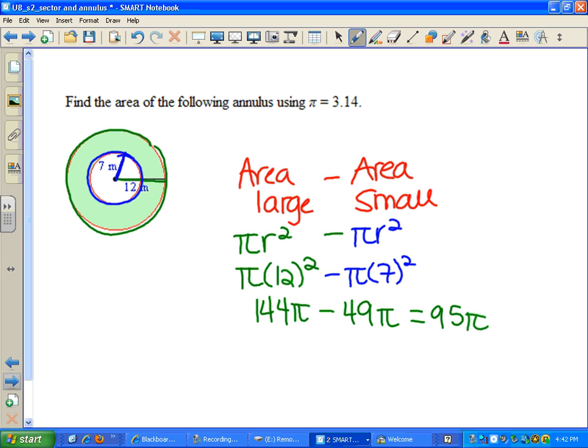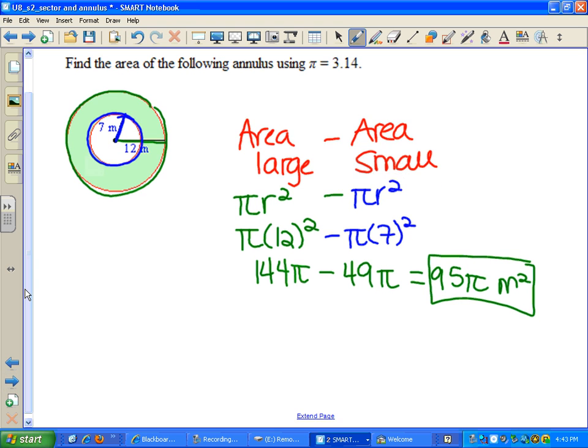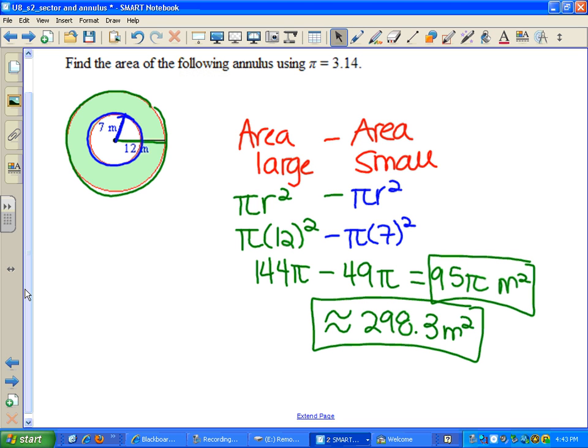So the area of the annulus, or the area of the shaded, is going to be 95 pi meters squared. Now if I want to use the 3.14 as the directions say, I'm going to use my little squiggle because it's approximately that. And take 95 times 3.14. And we end up with 298.3 meters squared. So there is also a way to express the area of the annulus.